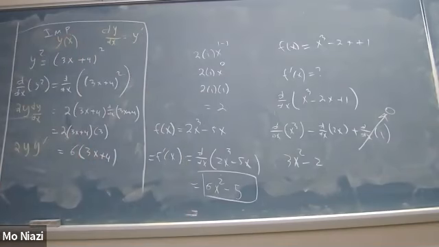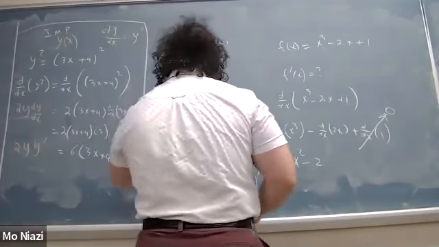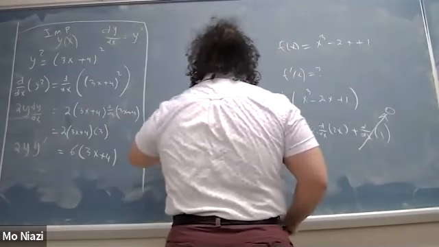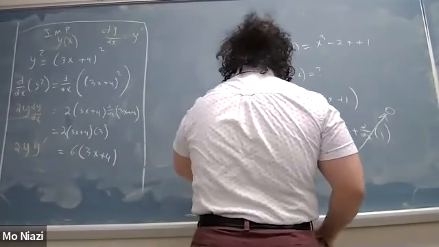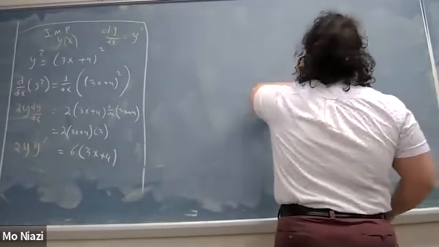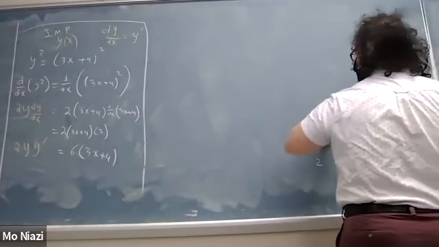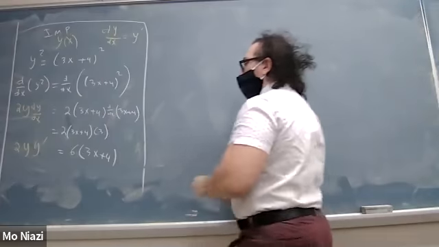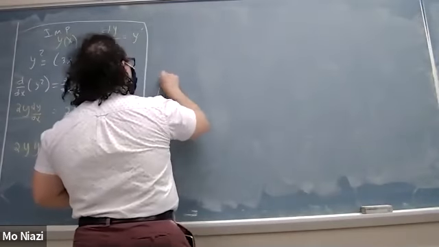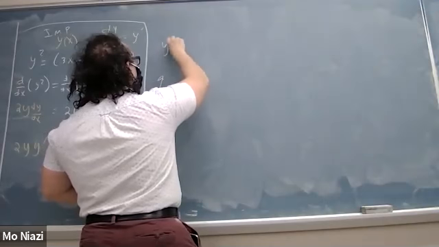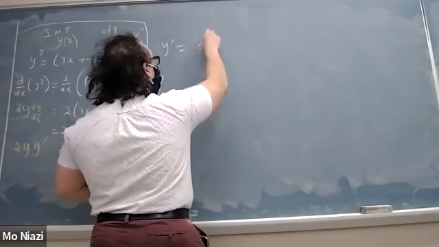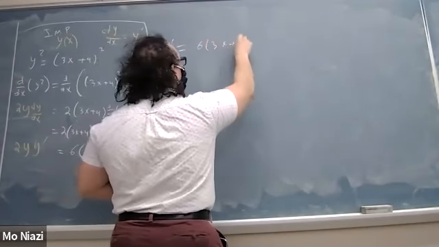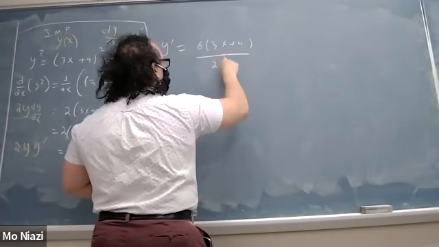So we have 2y, y prime is equal to 6 times the quantity 3x plus 4. So then we solve for y prime. We'll divide both sides by 2y, and I'll get y prime is equal to 6 times the quantity 3x plus 4 divided by 2y.